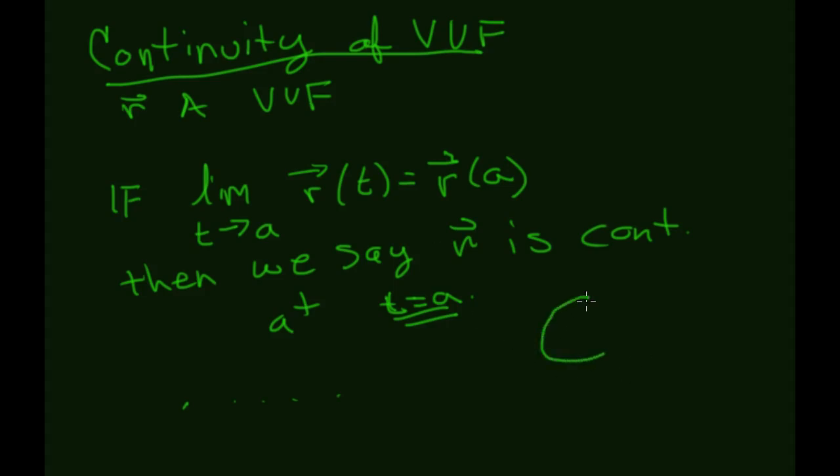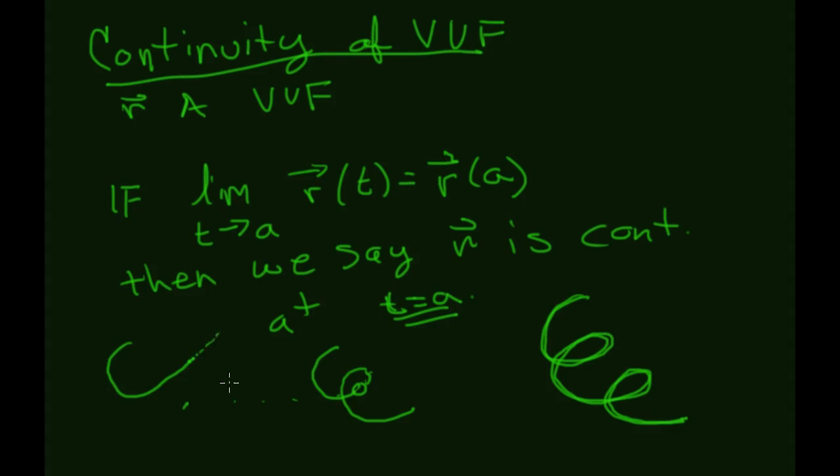Remember, these things are like plotting as curves still, but they're like curves in space. So if they're nice and neat and keep going along, then we have a continuous curve, right? So something that would have a discontinuity might have a hole inside the curve, or you might have a curve that's coming along and all of a sudden it juts off to something and then comes back, and these limits aren't equal, right?